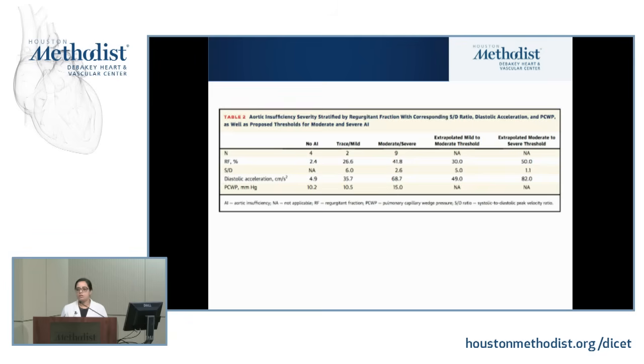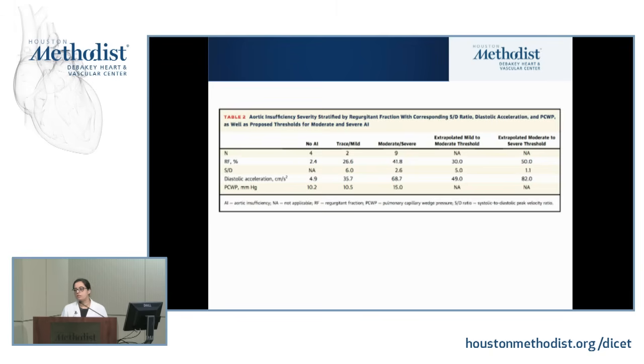They did hemodynamic corroboration with it, which gives it some reliability, but I think there's still a lot of room for error. Now, they're calling moderate to severe AI somebody who has a regurgitation fraction around 40%, with a systolic to diastolic ratio of 2.6 and diastolic acceleration of 68.7 centimeters per second squared.